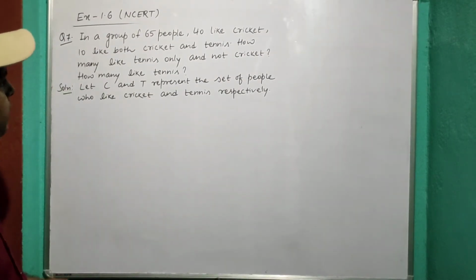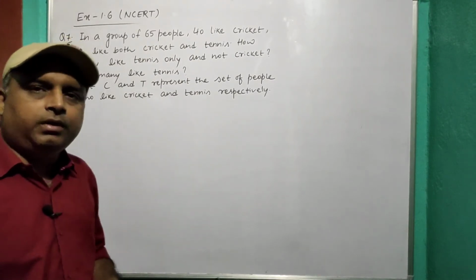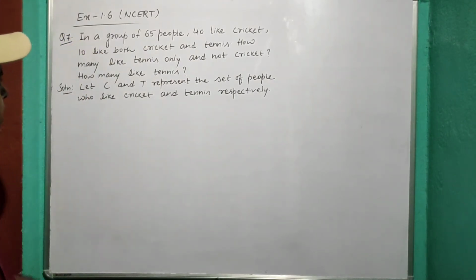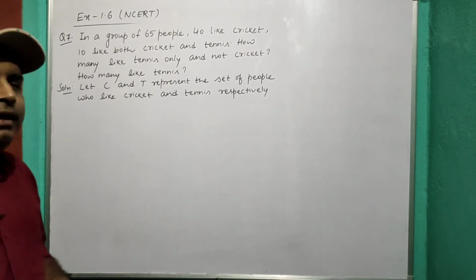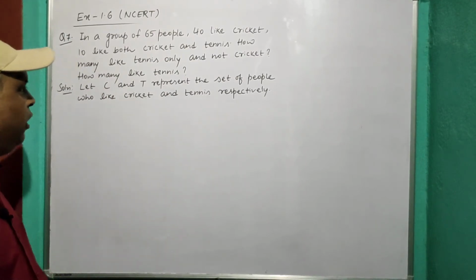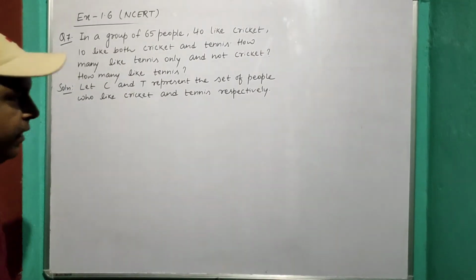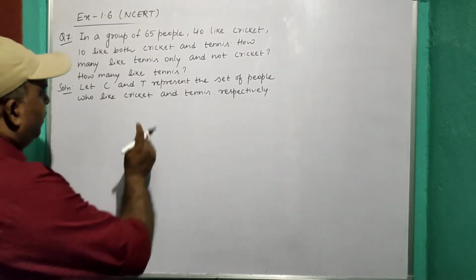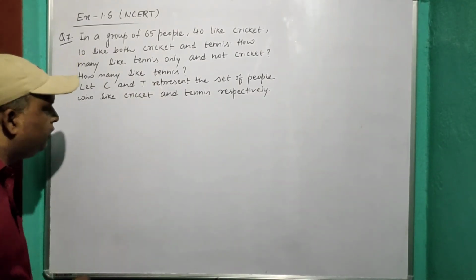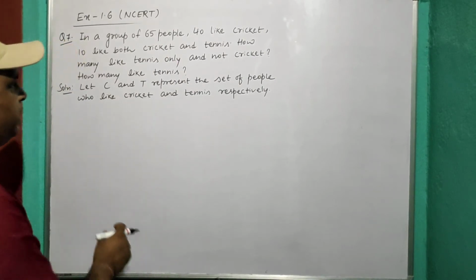In question number 7, in a group of 65 people, 40 like cricket, 10 like both cricket and tennis. How many like tennis only and not cricket? How many like tennis? This we have to find. So let C and T represent the set of people who like cricket and tennis respectively.